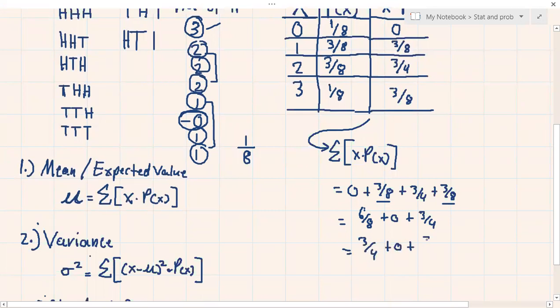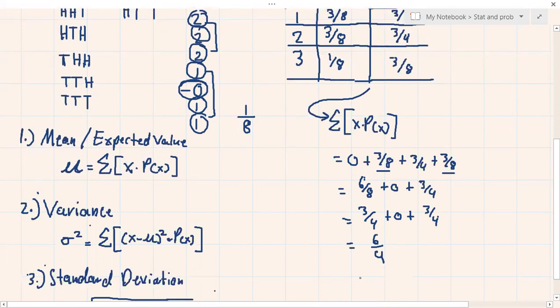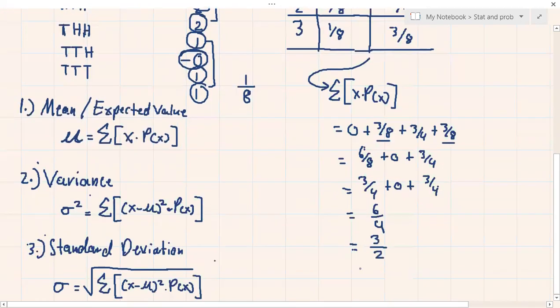Okay? So, i-add natin together. 3/4 plus 0 plus 3/4. This is 6 all over 4. Or, you can simplify this one. This is actually 3/2. Okay? And, if gusto mo ng exact value, this is 1.5.